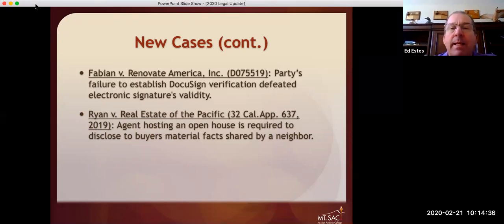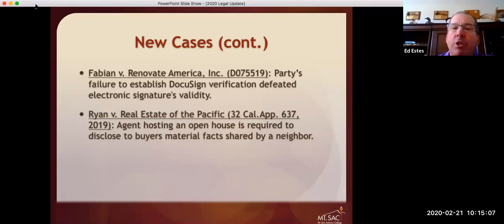In the facts of the case, the defendant, the solar company Renovate America, did not adequately do their prove up to explain why a DocuSign signature is a valid signature. So what we take from this case: if somebody is sued over whether or not a DocuSign signature is in fact a true electronic signature, you're going to have to prove up the mechanics of DocuSign.